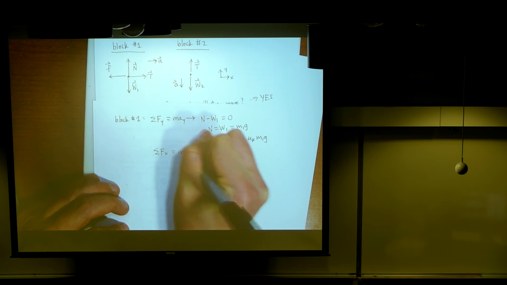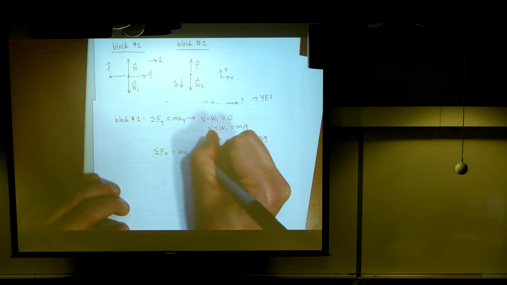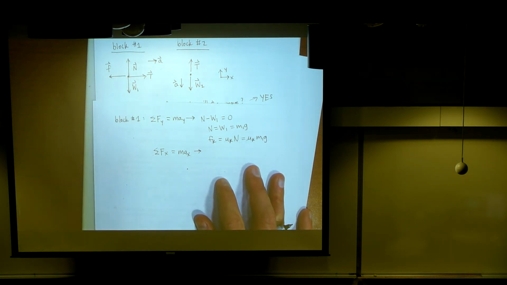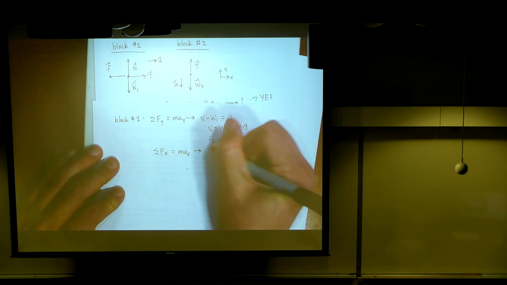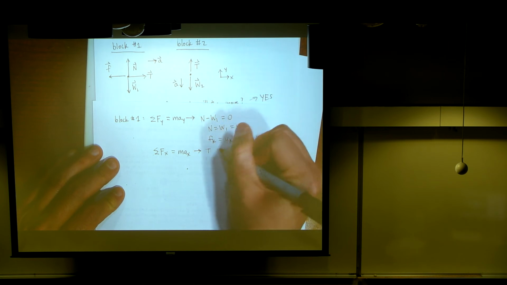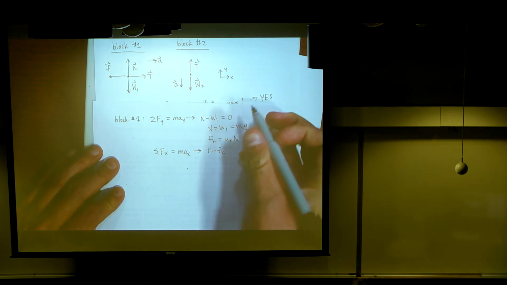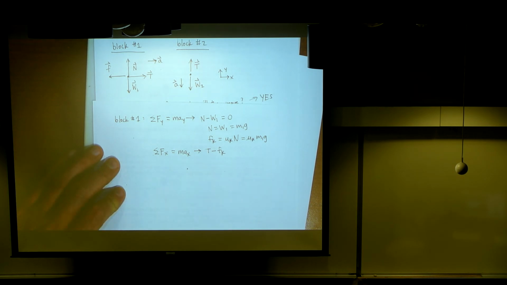The net force in the x direction equals ma_x. What forces do I have in the x direction acting on block 1 again? Tension and friction. Yeah, so I have tension going in the positive direction, and then friction, which is kinetic friction this time, because we're moving, going in the negative direction.